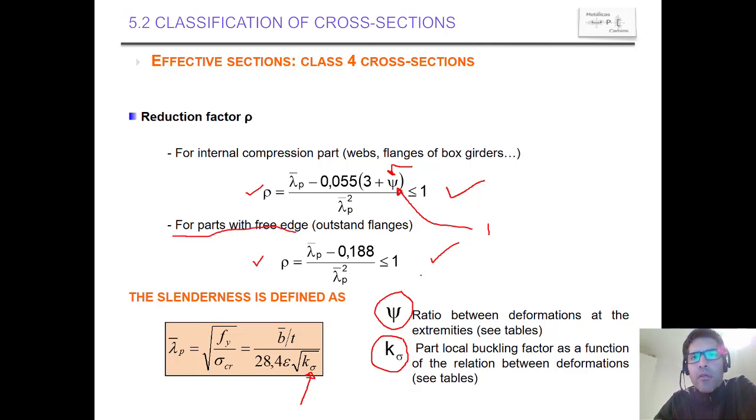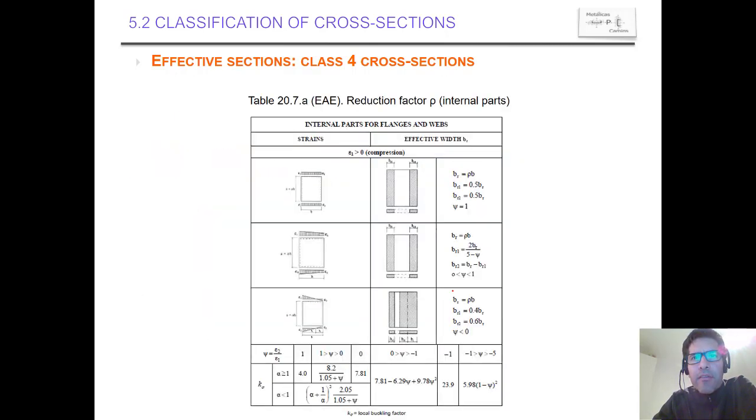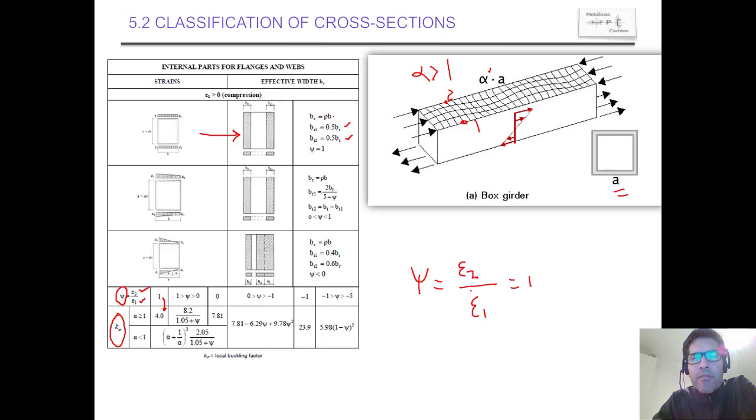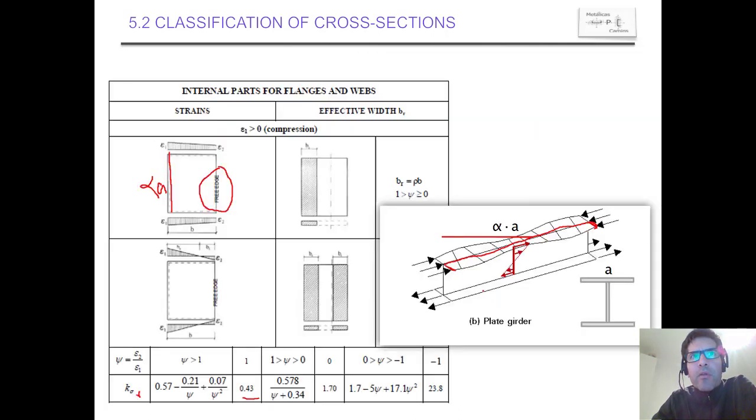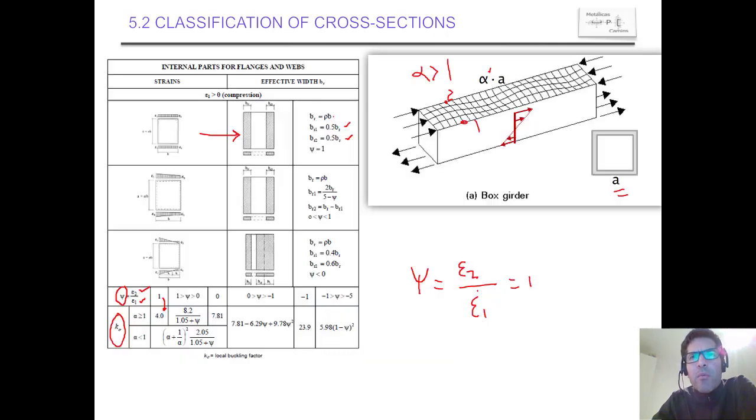So here, a lot of red marks in this slide. First example, internal part for flanges and webs, and second example, internal part for flanges and webs with a free edge. So let's go back here because I didn't define the web actually.